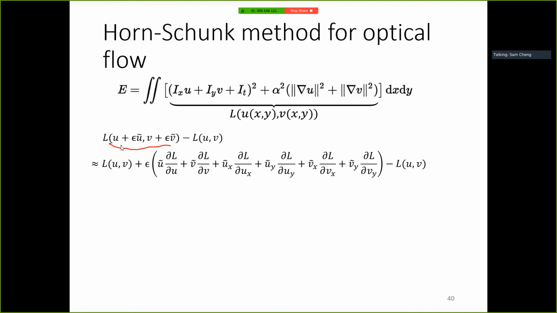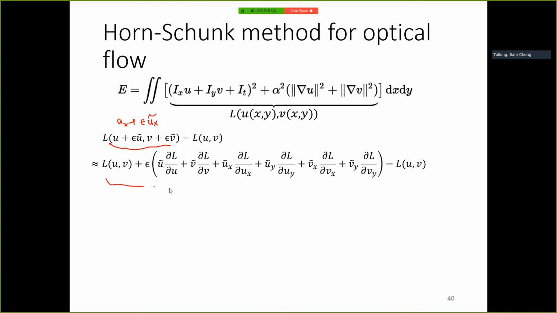So I will vary u: u moves by epsilon u tilde, v moves by epsilon v tilde, ux moves by epsilon ux tilde, uy moves by epsilon uy tilde, and so on.